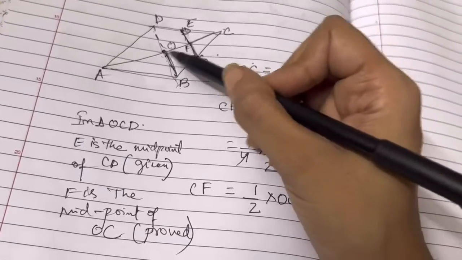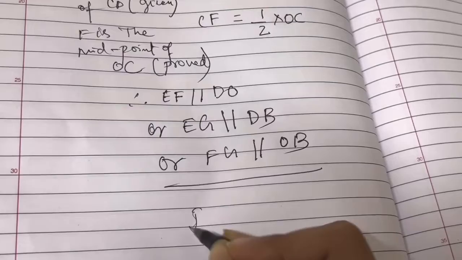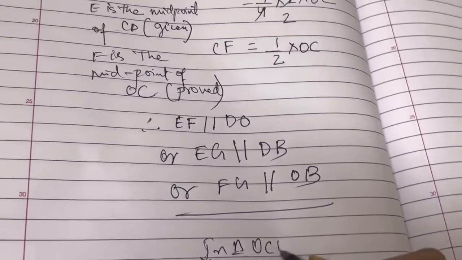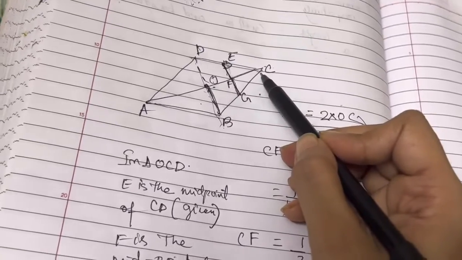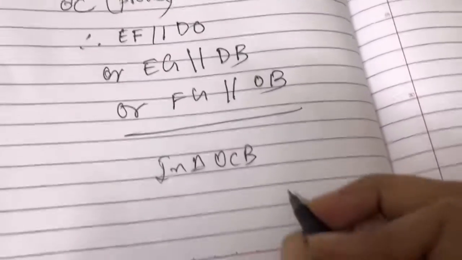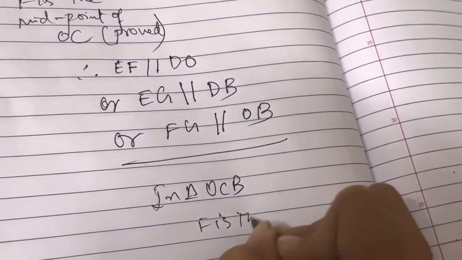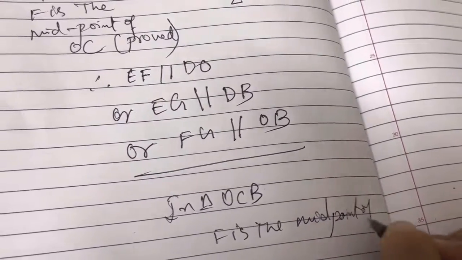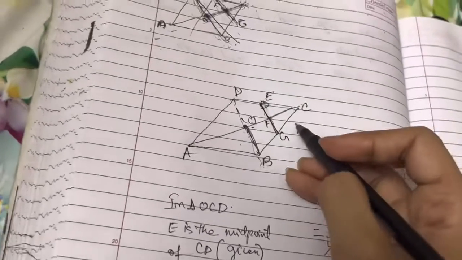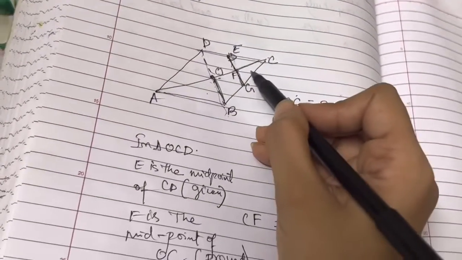Now, in this triangle OCB, F is the midpoint of OC, already given, right? F is the midpoint of OC, and it's not given, sorry, it's proved.